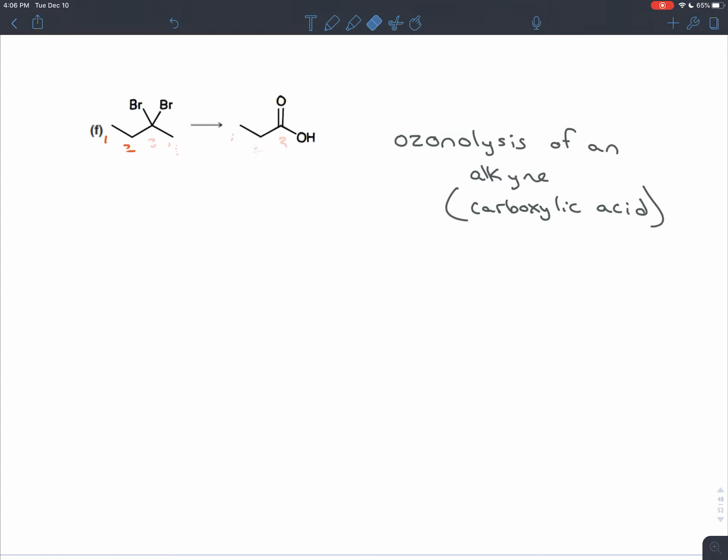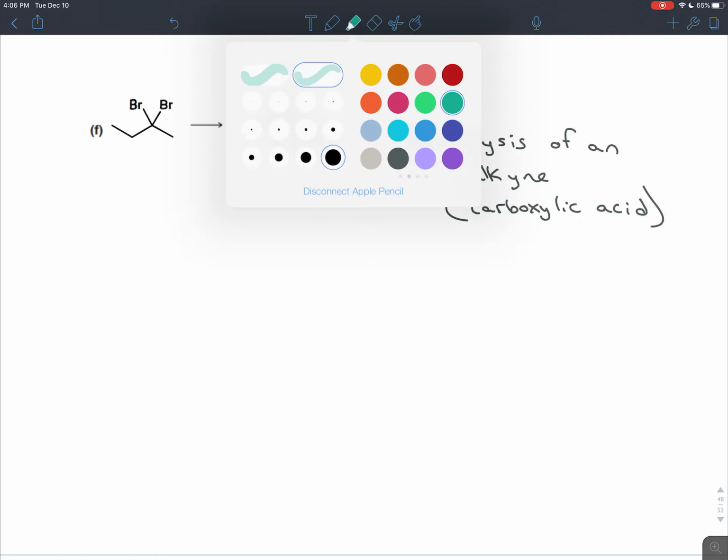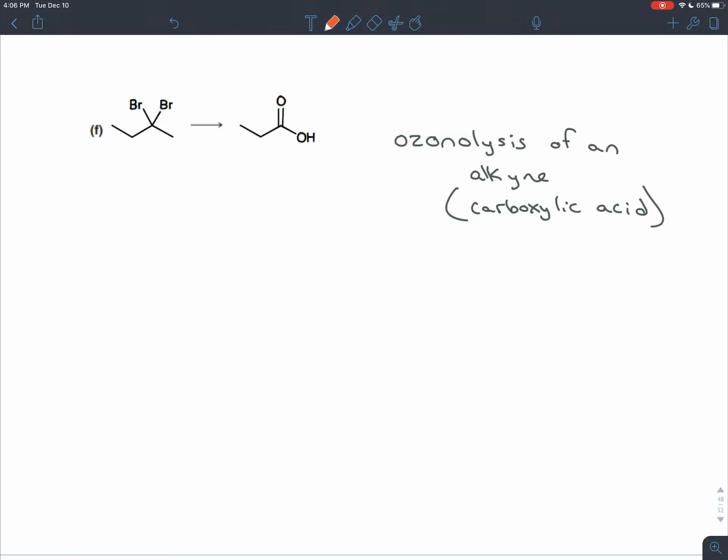So, in other words, we could make this molecule. We could make this if we had, I'll draw that retrosynthetic arrow, that means if we had 4 carbons.